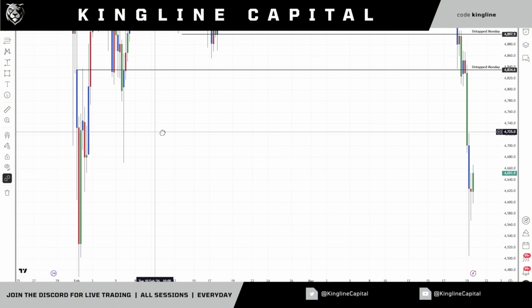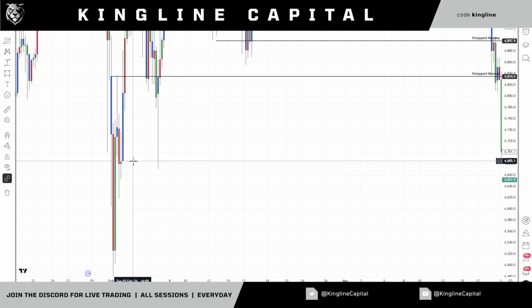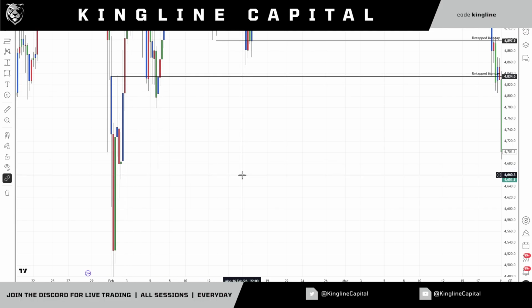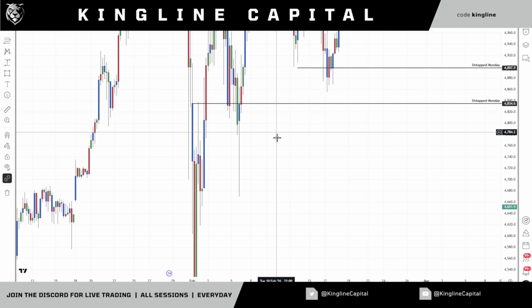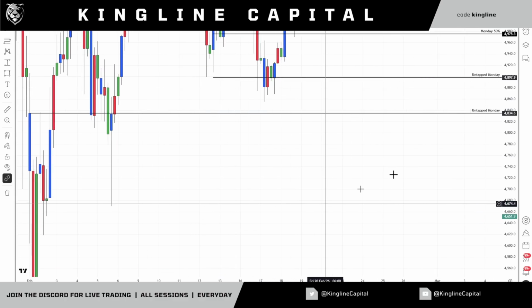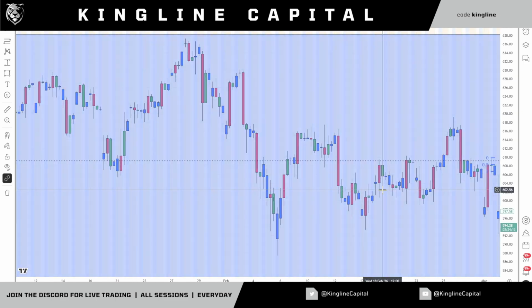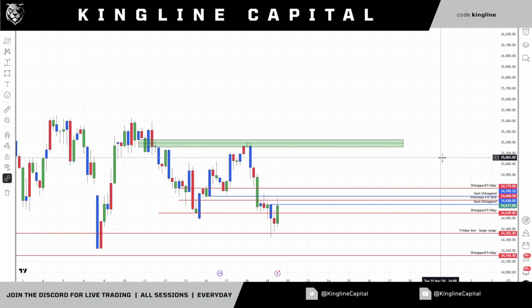Like this is a nice little short. 6 p.m. comes and runs this after almost hitting this untapped. Gets real close. Drives all the way down here. But I myself, I trade MNQ.